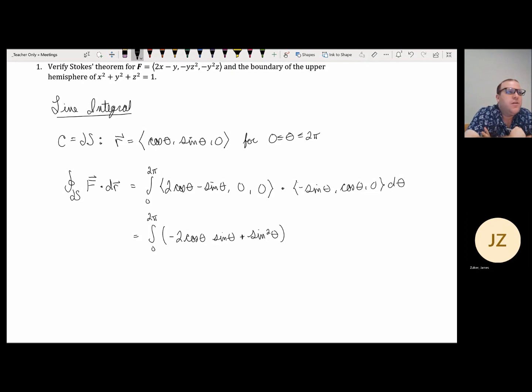Plus sine squared, sorry. That first term's going to evaluate out to 0. Doesn't matter if you choose u to be cosine or sine. You're still integrating over one full period, which is automatically 0.